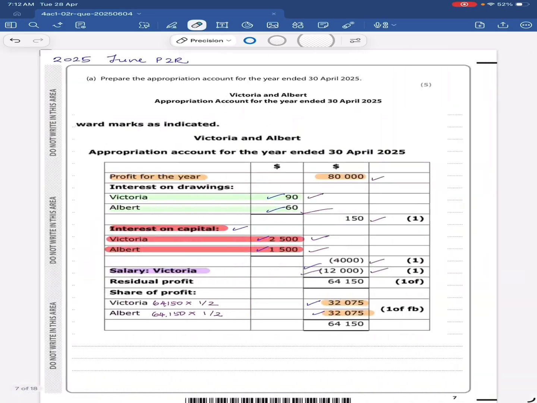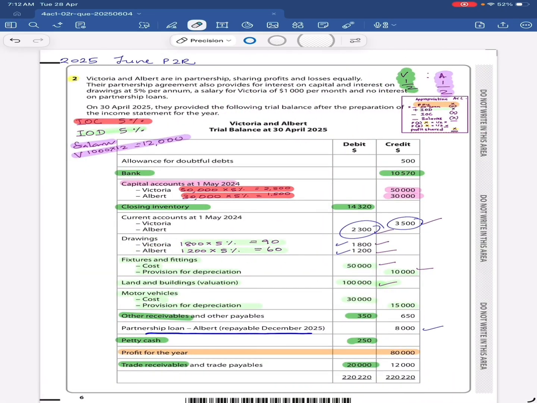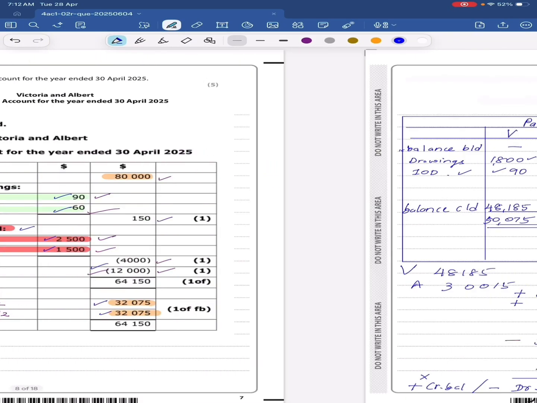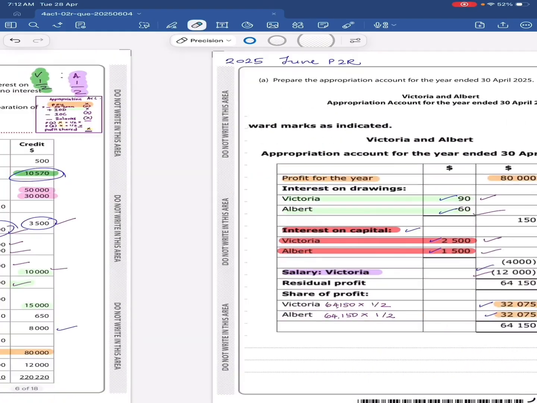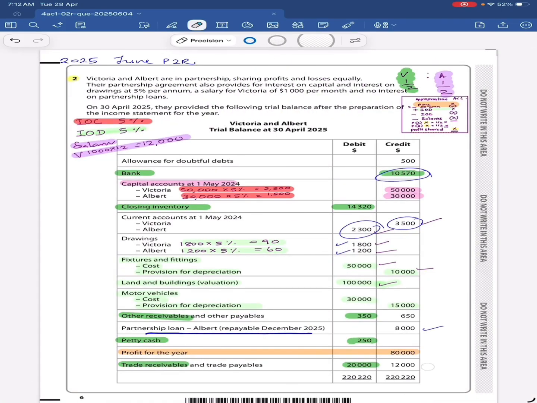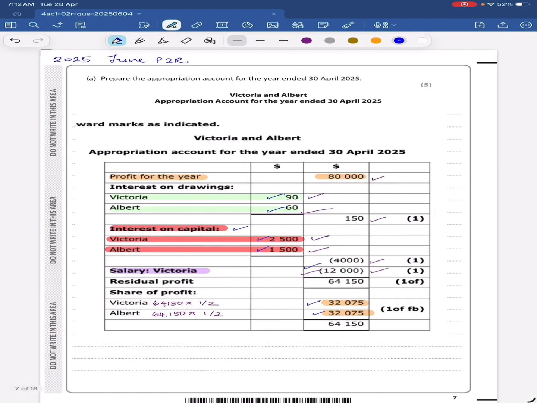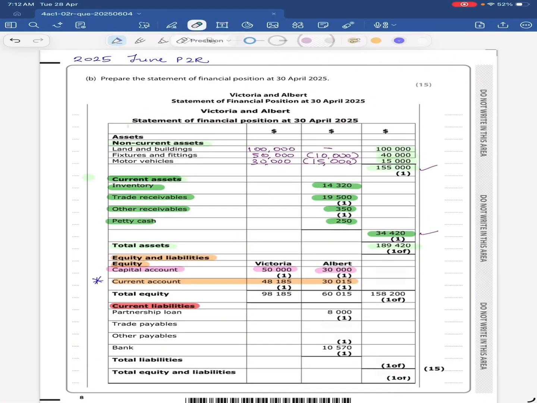Let's see what else needs to be entered under current liability. You have a bank credit value of 10,570. So that needs to be entered over here. That's a bank overdraft. And then you have trade payables, which is 12,000. This figure is a current liability, followed by other payables of 650. Now let's enter those figures over here.